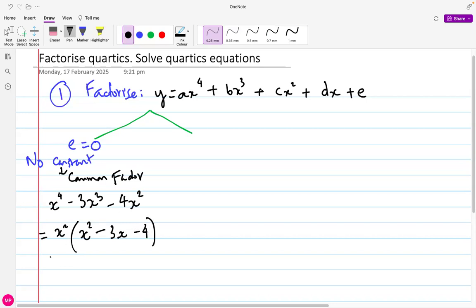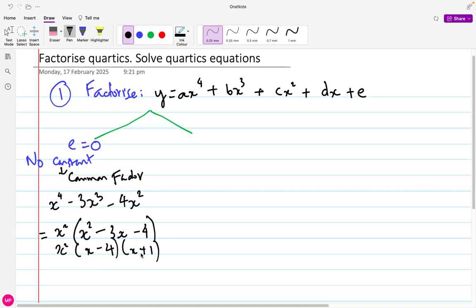Then you just need to factorize further by finding two numbers that multiply together to equal -4 and add together to give you -3, which would be -4 and +1.